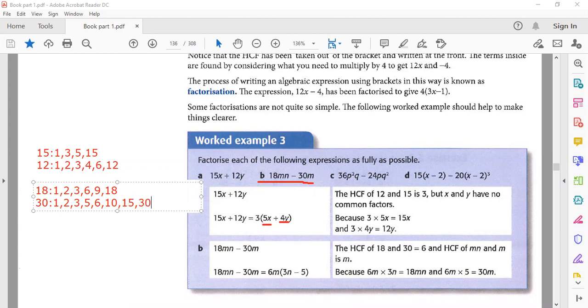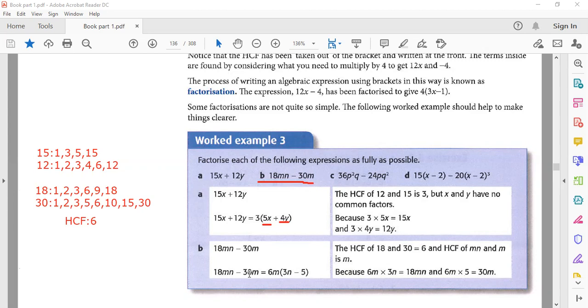Which number is the HCF or the highest common? Look at here, 6 is the highest common. HCF is 6. So 6 is the common number, so you just take off the 6. Not only 6, there is m that both have.